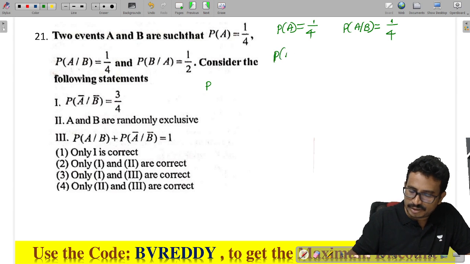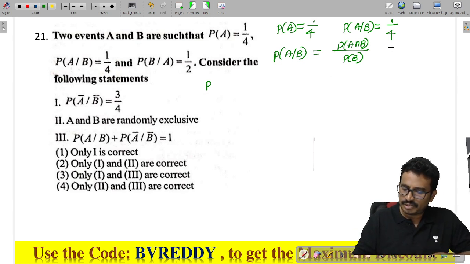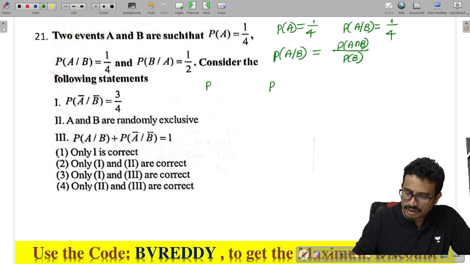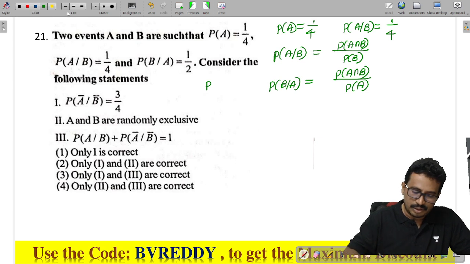Now I am finding P of A given B, which is P of A intersection B by P of B. Now P of A intersection B we don't know. From the second one, P of B given A is given as P of A intersection B by P of A. Now you tell me, do you know these values here?